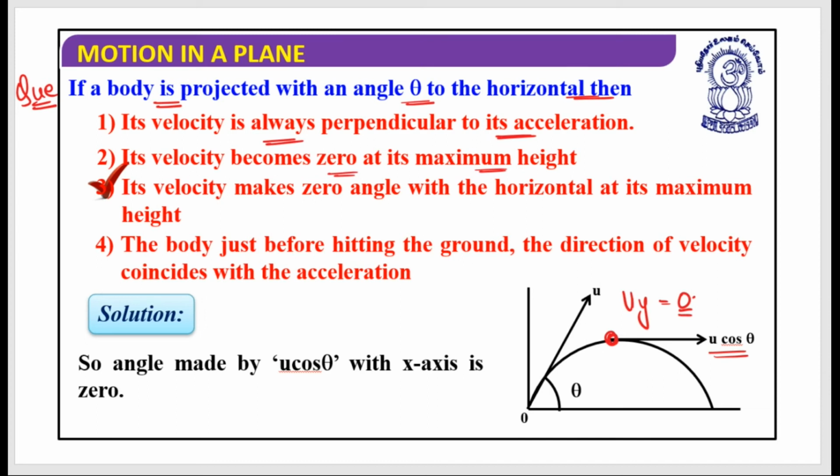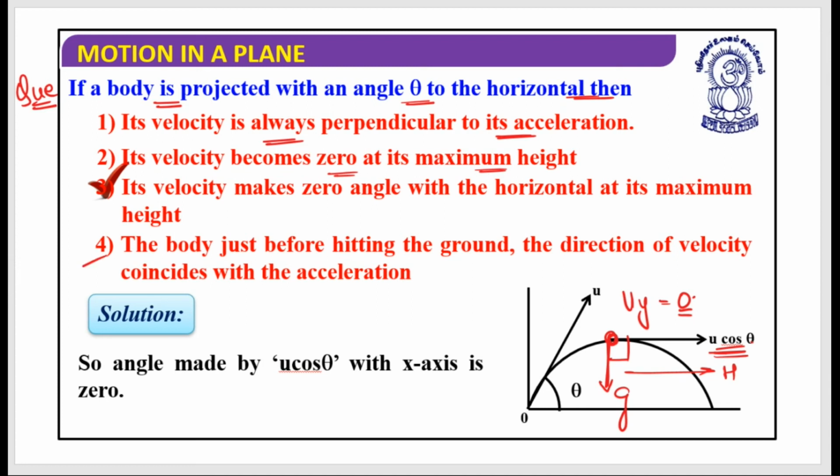Next, at its maximum height, its velocity makes 0 angle with the horizontal. Look at this: this is the direction of velocity u cos theta, the horizontal component, and it makes an angle of 0 degree with the horizontal. If they had asked whether velocity makes an angle of 90 degree with the acceleration at this point, it would be the situation because only u cos theta would be there, as vy is 0.